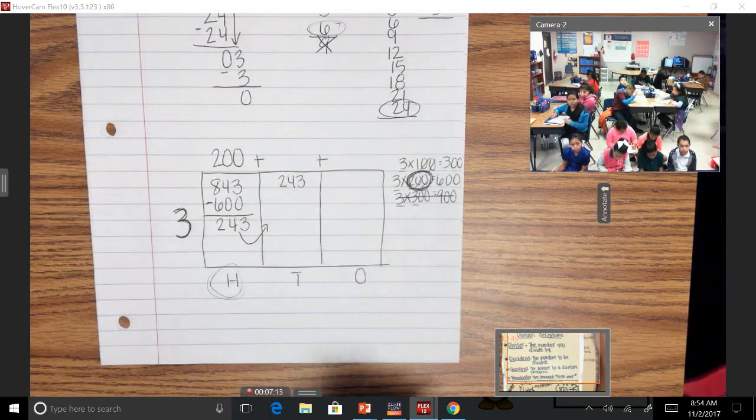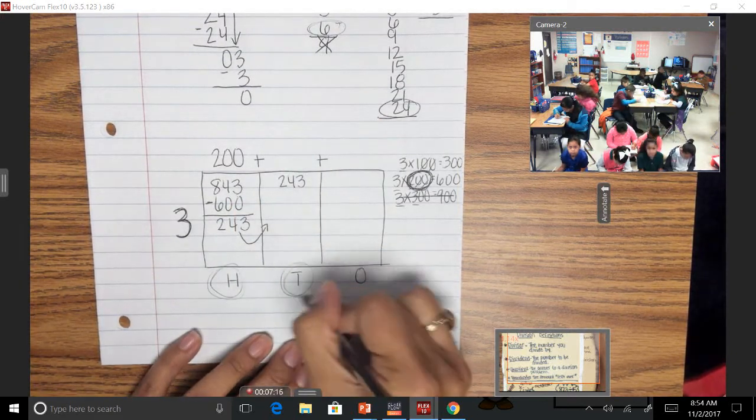So you're going to move this over to the tens place, to your tens little box. Now we're multiplying by tens in order.